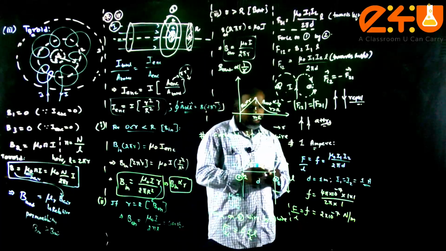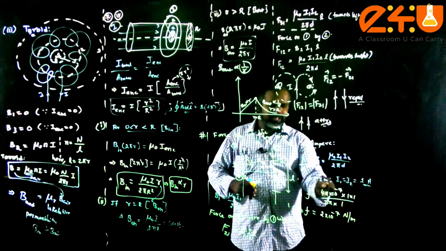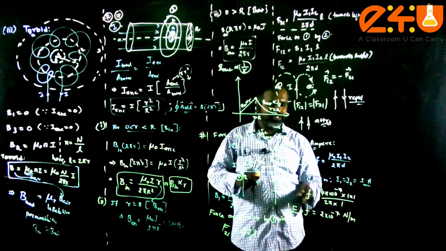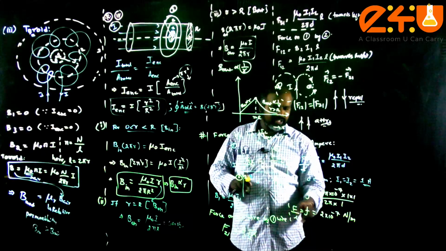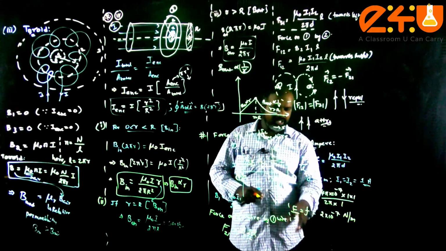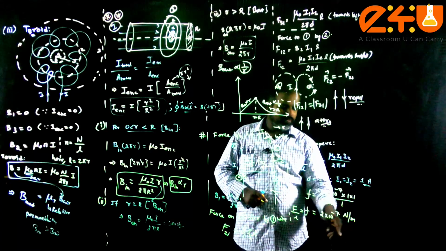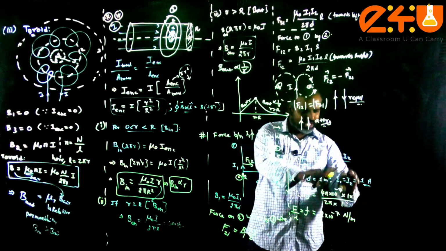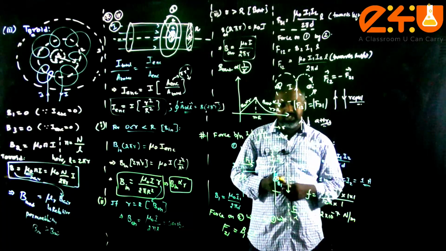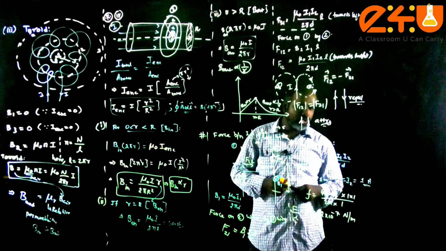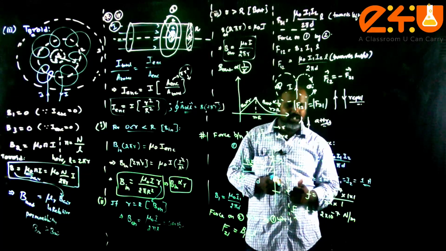So whenever you consider two infinitely long current carrying straight wires separated by a distance of 1 meter in air or vacuum, and the force per unit length, of either attraction or repulsion, is equal to 2 into 10 to the power of minus 7 Newton per meter, then the current passing through the wire is considered to be 1 ampere. So this is the definition for what, children? The 1 ampere definition. This is another important concept related to that.